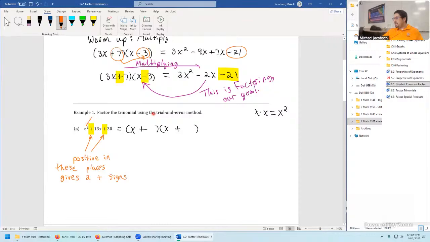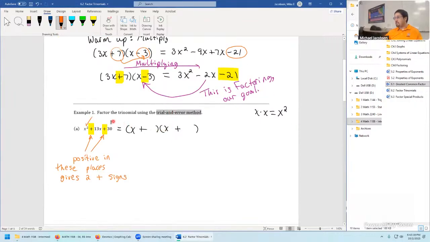That's really important to kind of think in those terms because the method we're using is so-called the trial and error method, which is kind of an uncomfortable thing to think about in mathematics. You usually think of a definite answer, a definite process, but we're guessing on how to factor this. So we want to make as intelligent a guess as possible by taking out as much trial and error as possible. Already knowing that the signs are positive and positive means we don't have to try out things that are just guaranteed to not even work.